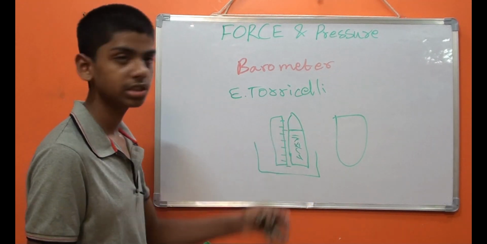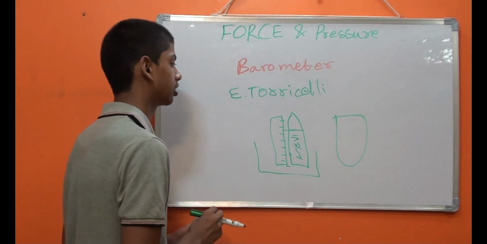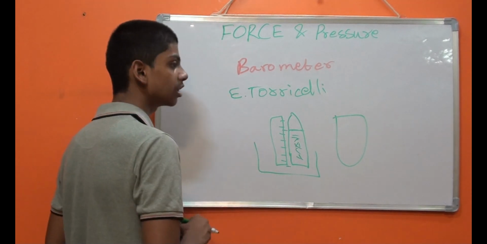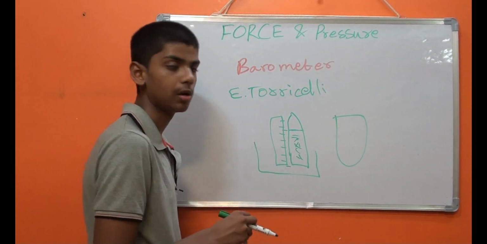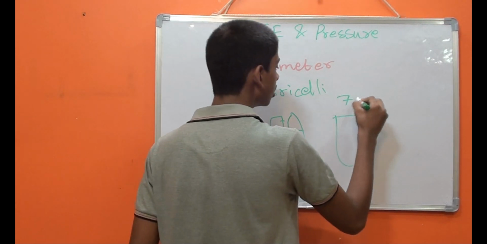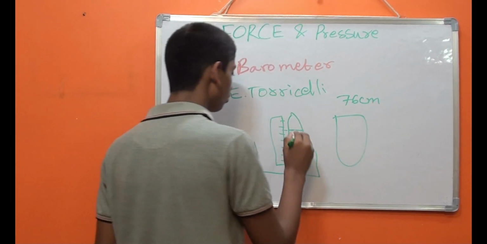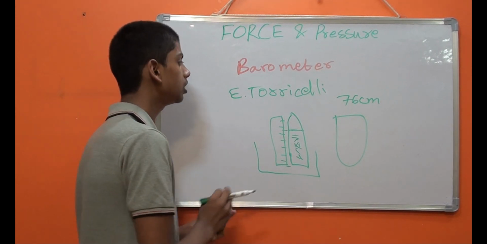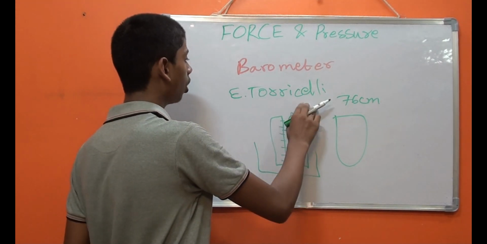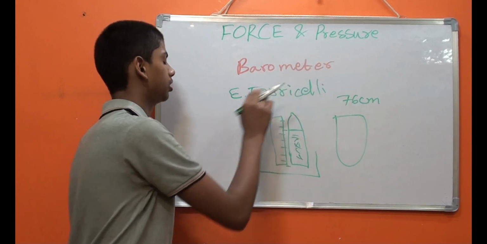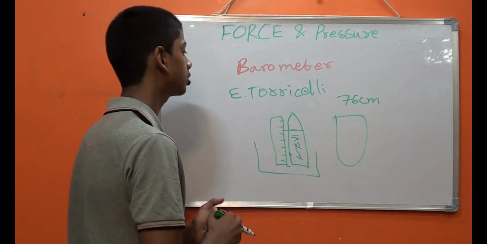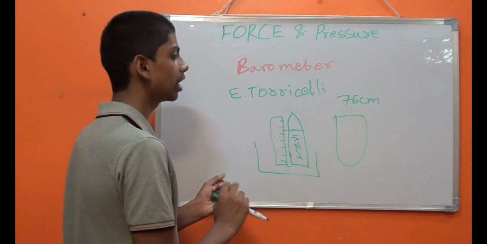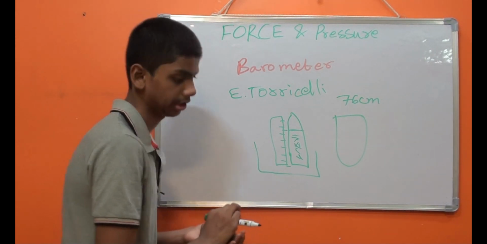This part is the atmospheric pressure. The atmospheric pressure at the ground level is 76 centimeters of mercury column. This is Torricelli's barometer model.